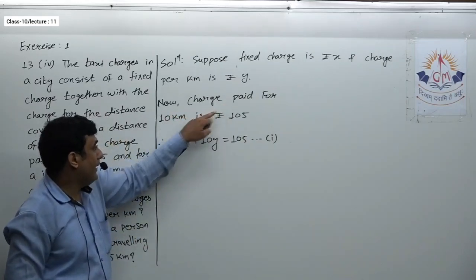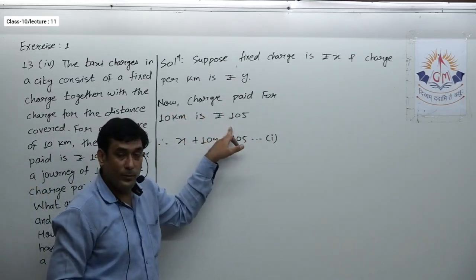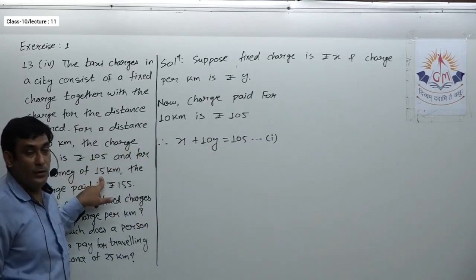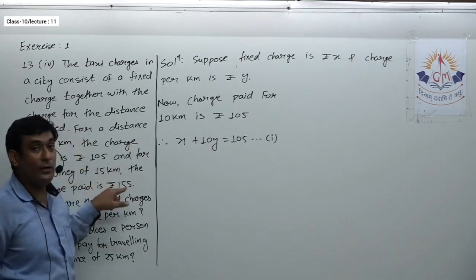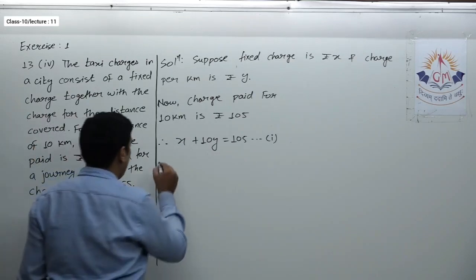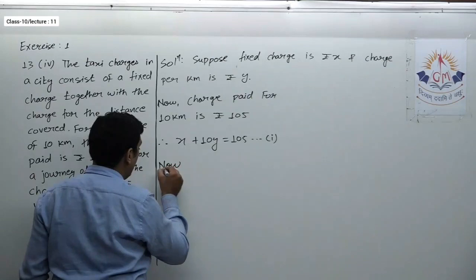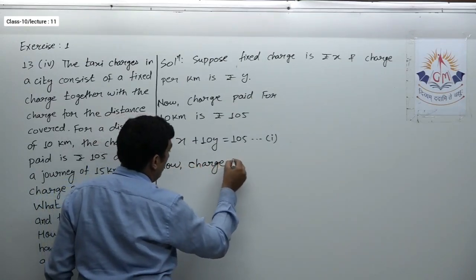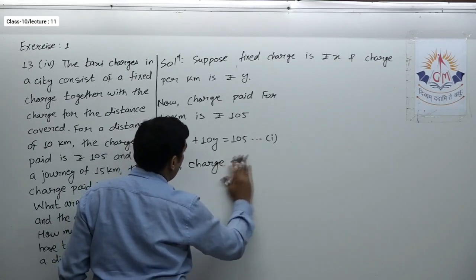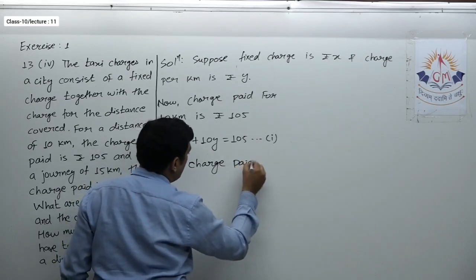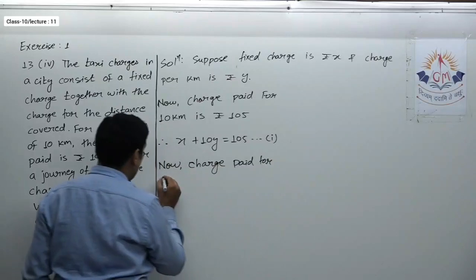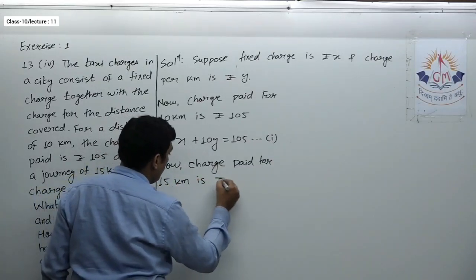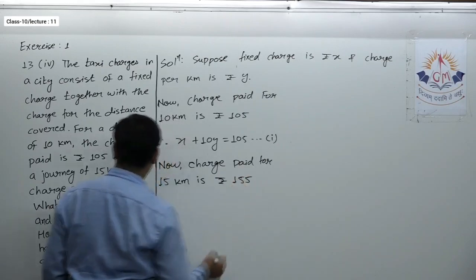Now similarly, as here it is given the charge for 10 kilometers is rupees 105, we have one more piece of information: the charge for 15 kilometers is rupees 155. So here I will get the second equation. The charge paid for 15 kilometers is rupees 155.